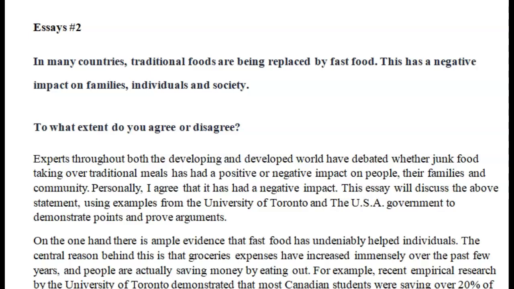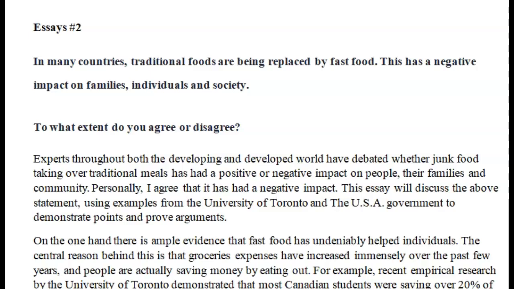Now, let's talk about what's important to remember here. The really important thing is making sure that what you plan to discuss in your essay, whether it's just one view or both views, that you state it very clearly in your introduction. Okay? I think I might have touched upon this in my last correction. So here, for example, where we have to what extent do you agree or disagree, you may think that it has a negative effect on families and individuals, but not society.